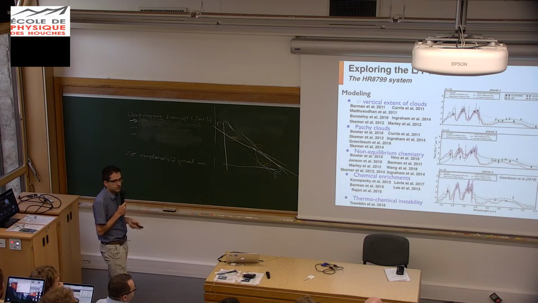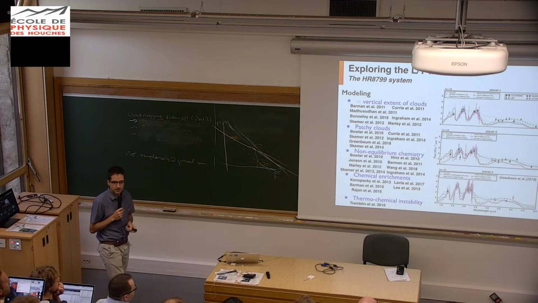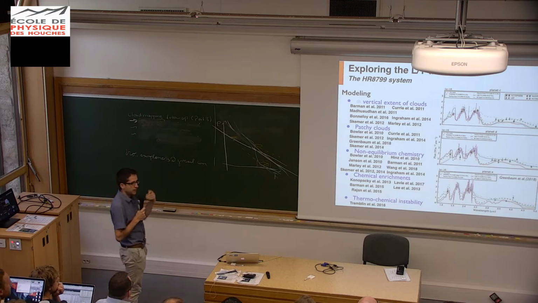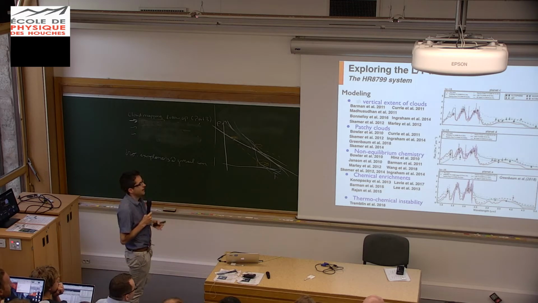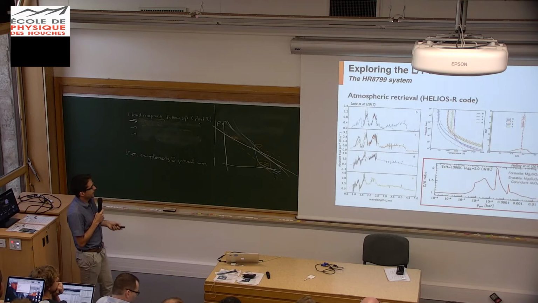Non-equilibrium chemistry, using data points at longer wavelengths, and chemical enrichments. One paper also proposed an additional ingredient, called thermochemical instability, which modifies the PT profile of your atmospheres and produces redder spectra. And so these things must be investigated, I think, also for these planets.